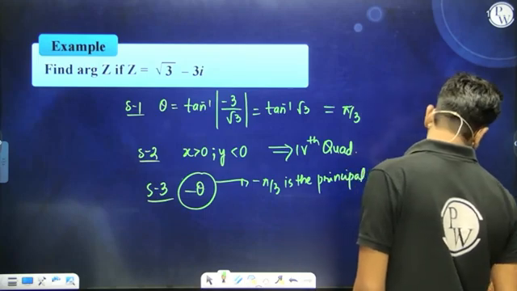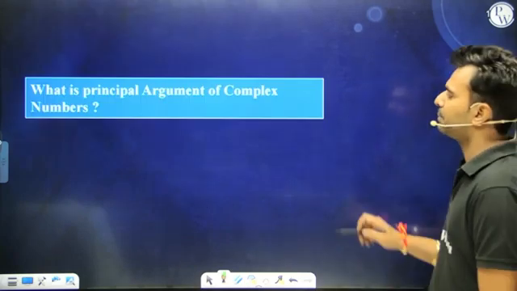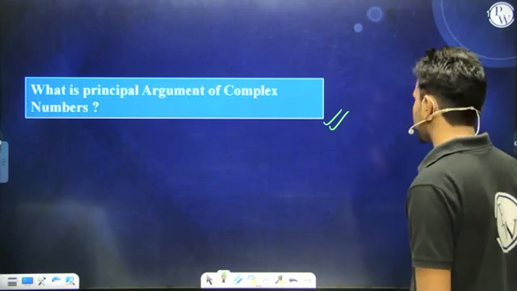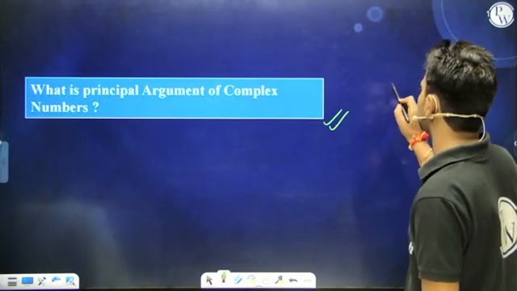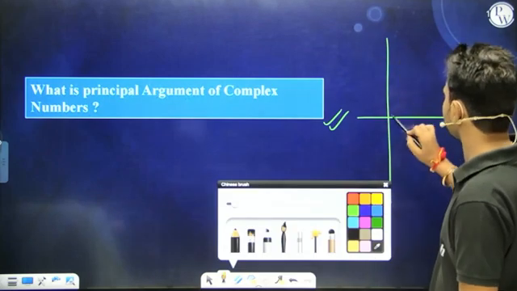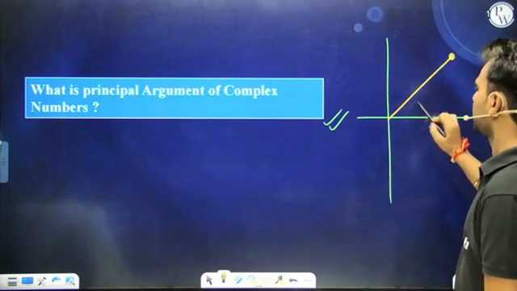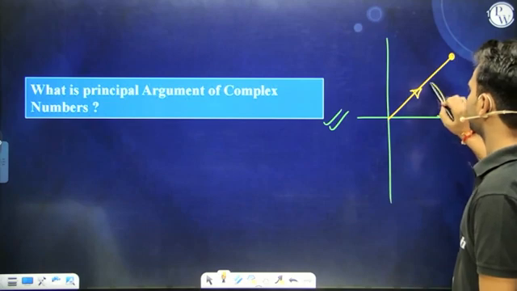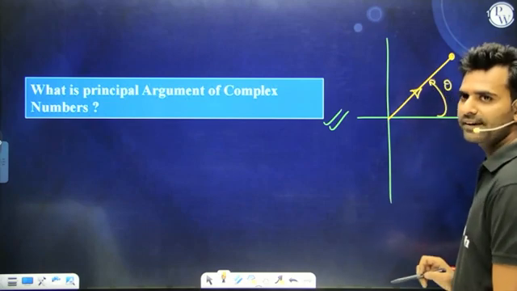Moving ahead. What is the principal argument of a complex number? As I just told you, let me explain the argument and principal argument. Let's say a complex number is represented over here. This line is making an angle theta with the positive x-axis.